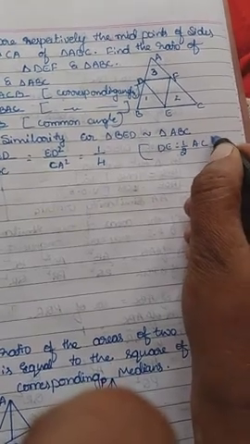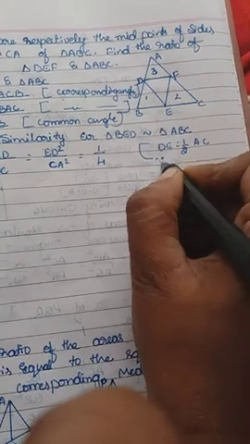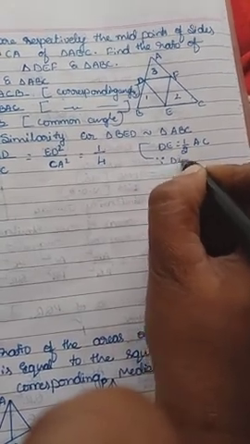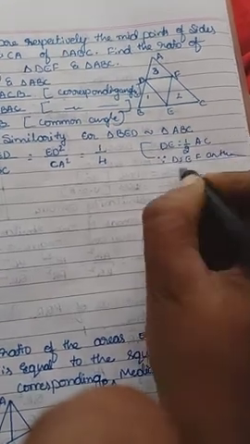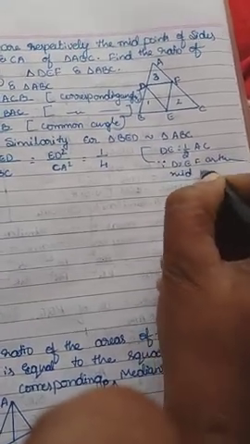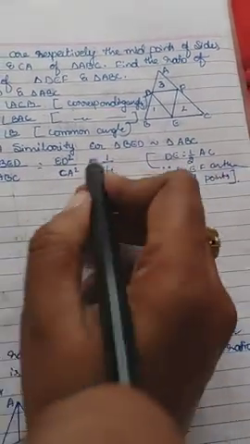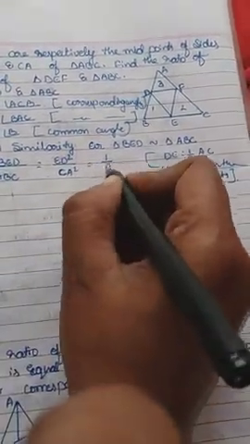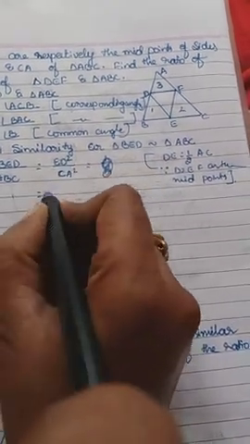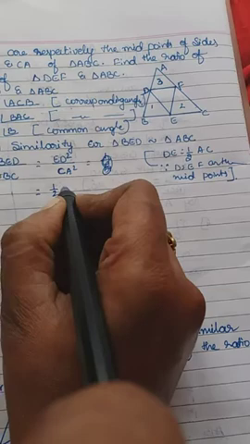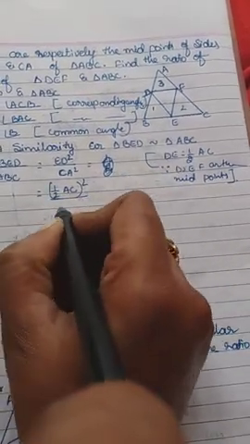Because D, E and F are the midpoints. So you can substitute here. If you are getting confused, you have to substitute that. Instead of DE we can write half of AC, so that whole square divided by CA square.